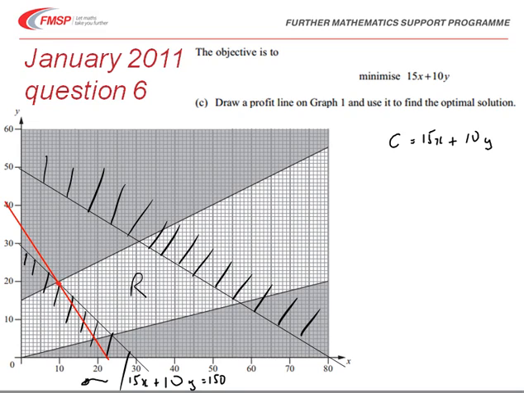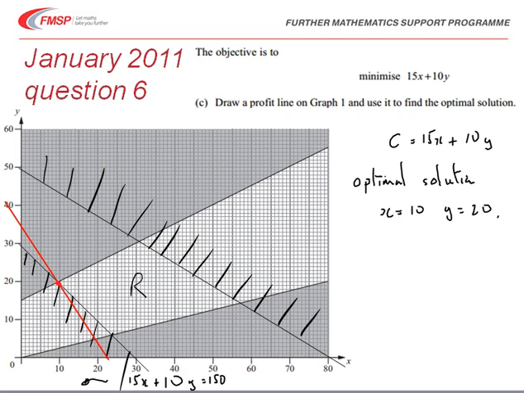So that's the point that we're looking at, and that is giving us our optimal solution for the minimum value at x is equal to 10 and y is equal to 20. So just write that down, optimal solution. I've marked it on the graph as well, so it's x is equal to 10 and y is equal to 20.